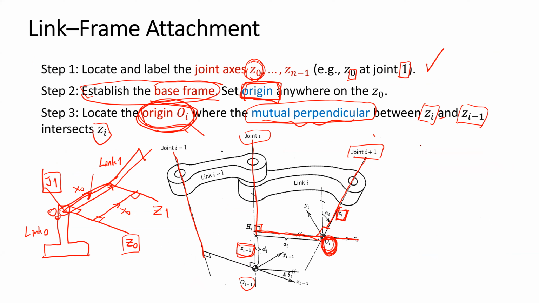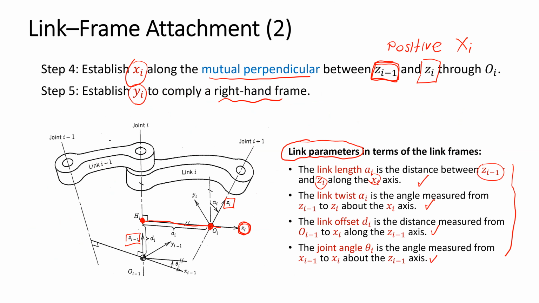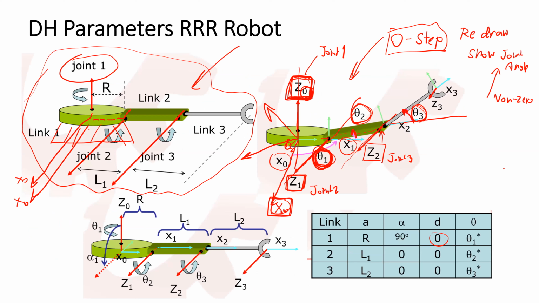For example, O1 needs to be on the mutual perpendicular between Z0 and Z1.